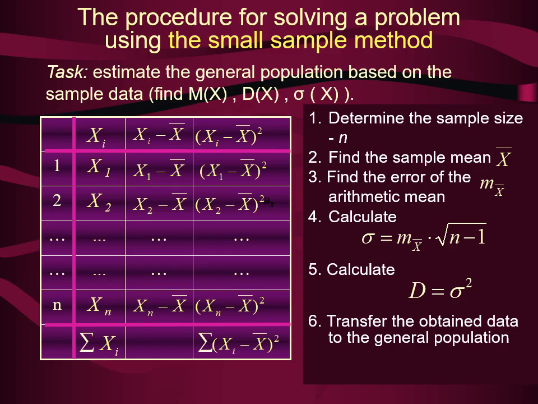Write 5 in the next column and square the 5. Again, if the average is 165 centimeters and the value of x2 is, say, 172 centimeters, then again without taking the sign into account, put 7, then square 7, in the fourth column.